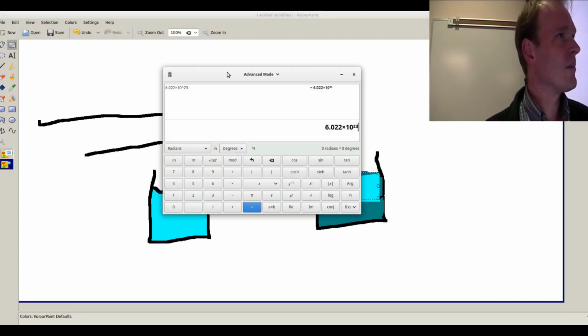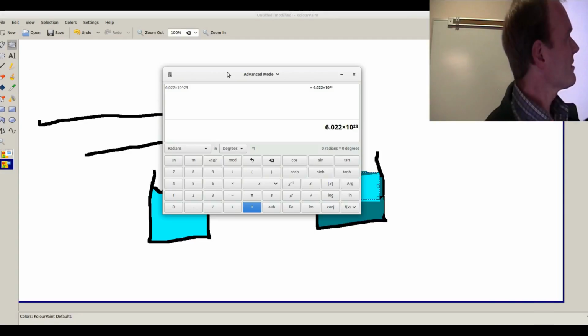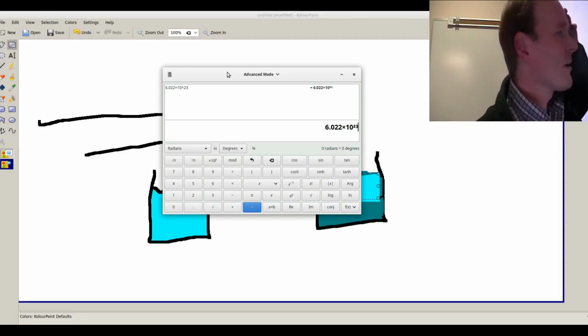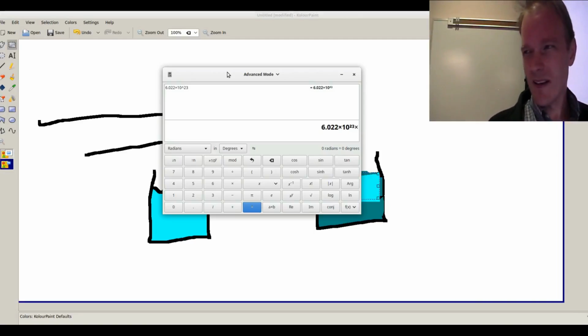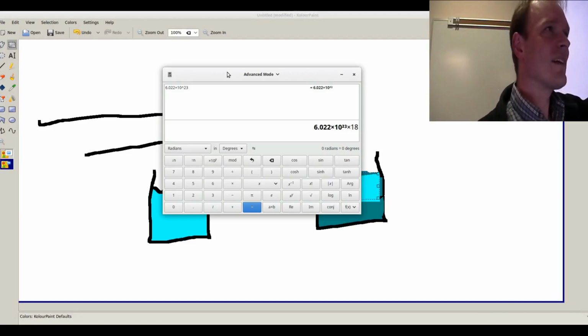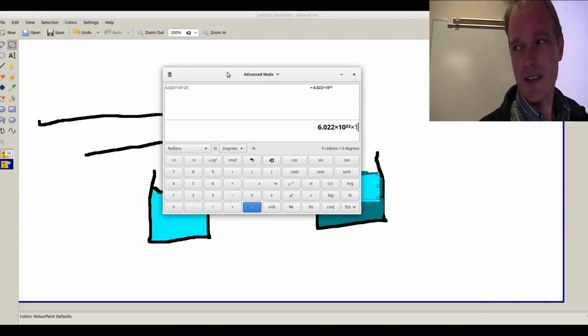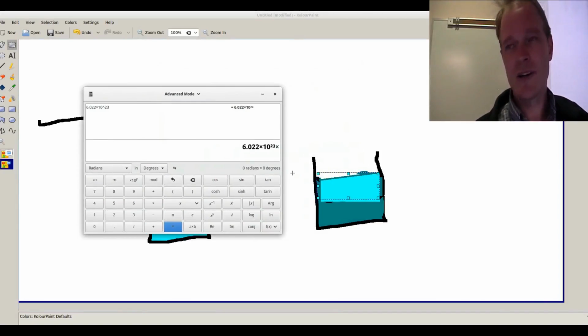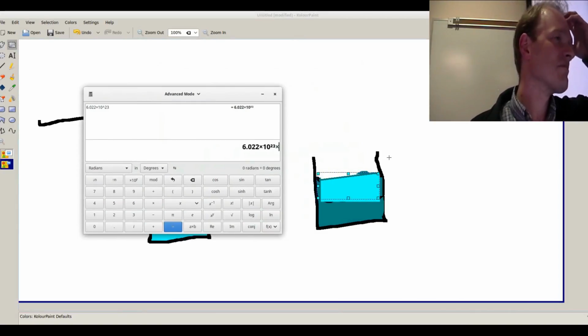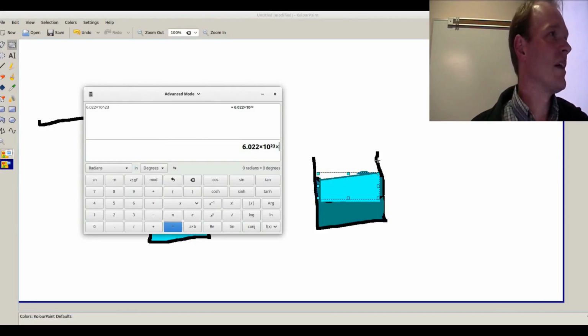Is that how many molecules of water there are in a gram? No, I think it's going to be about 18. That many molecules would have 18 grams of water. So how many grams do you think are in this cup of water? Let's say 100. I don't have any idea how many.